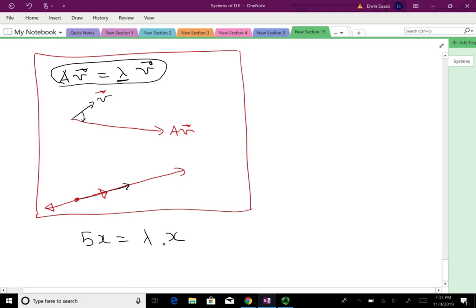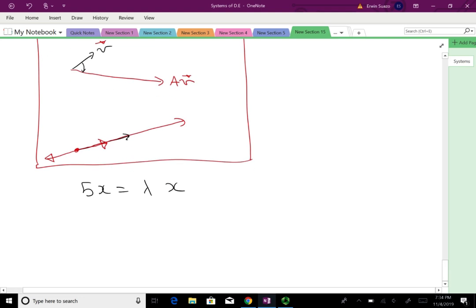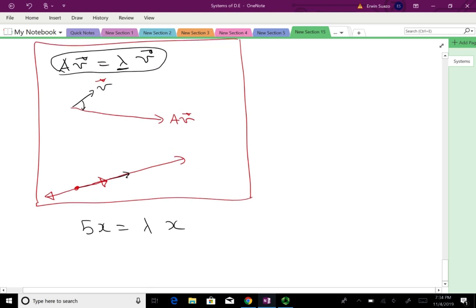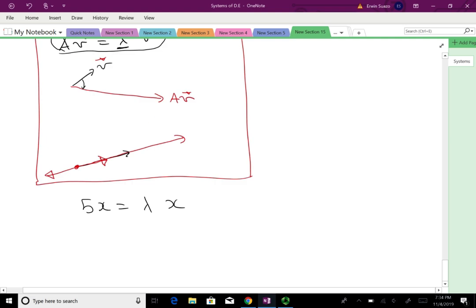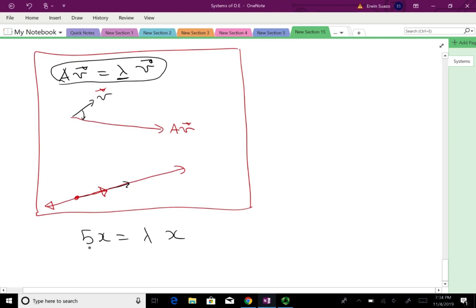Is that a good example? Phi x equals lambda x. Of course lambda equals something, but it doesn't make too much sense in this case because this is not a matrix.